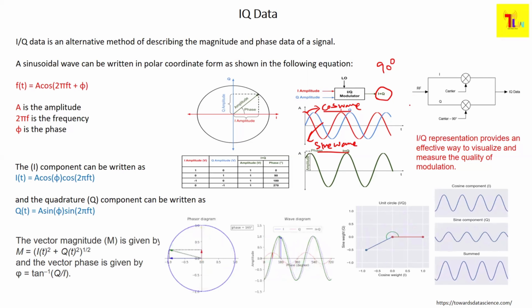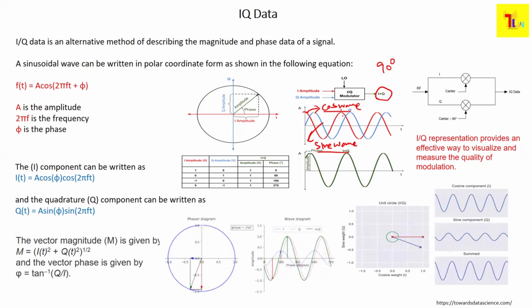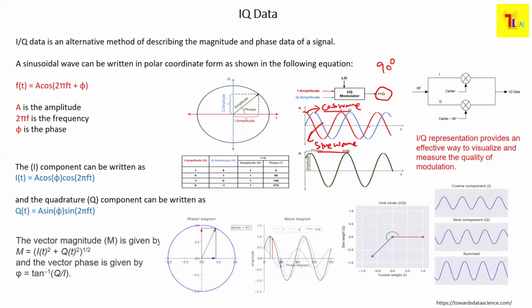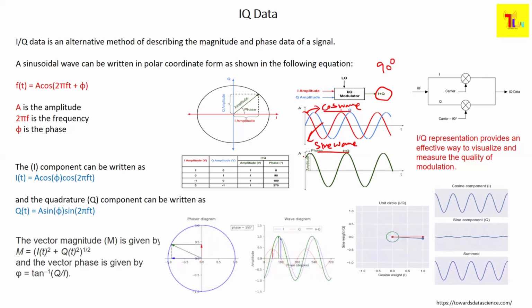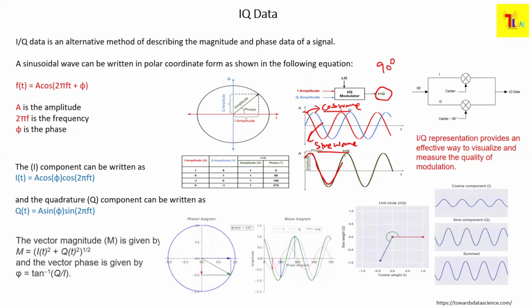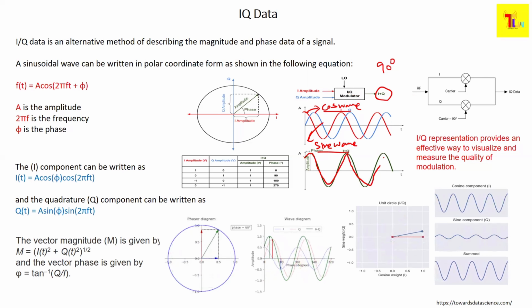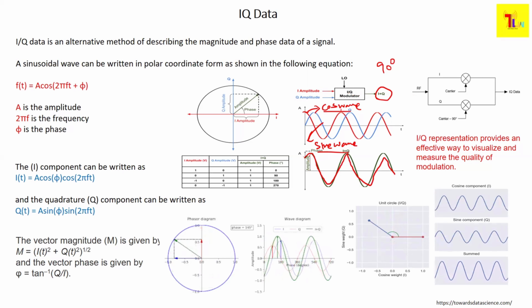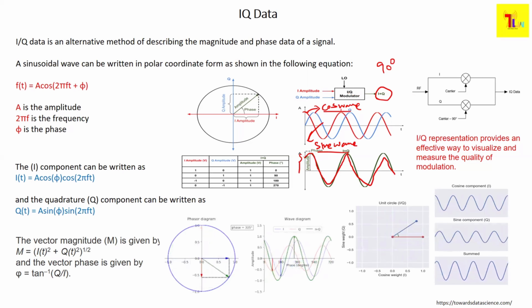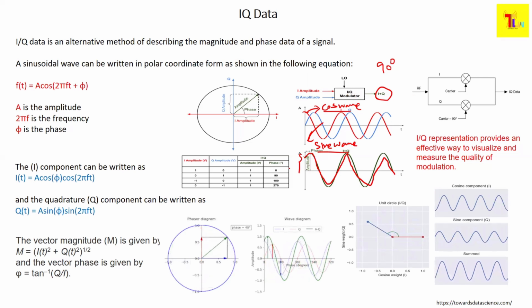That is the idea behind this. When you feed these signals to the modulator, it will give the resultant, the combination of both the I value and the Q value, which will be a little bit phase shifted, and you will also see an increase in amplitude when both are combined.